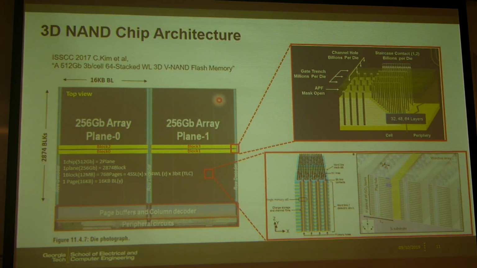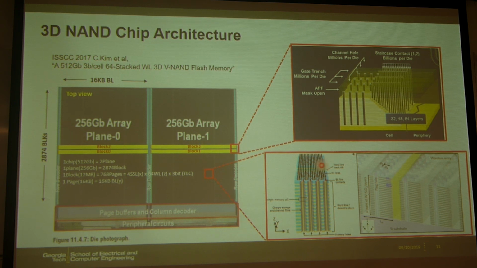So what we can see in that figure is this area. The memory cell array area is gate all around. But the peripheral circuit here is just similar to normal logic circuit. That uses silicon substrate.